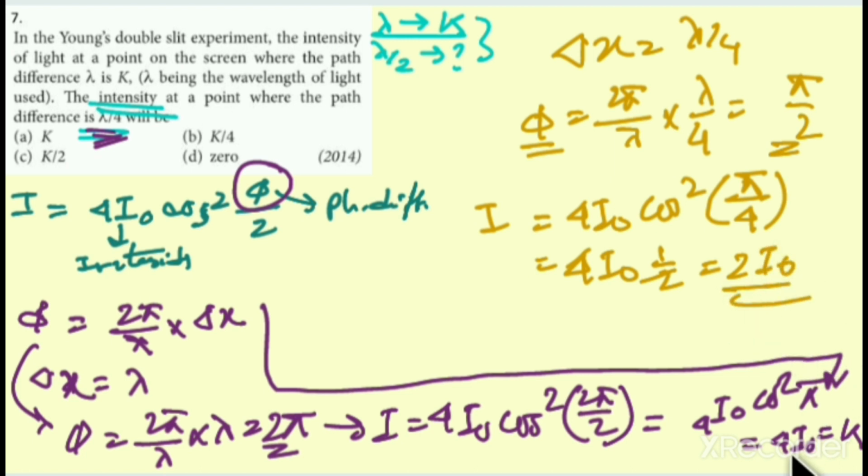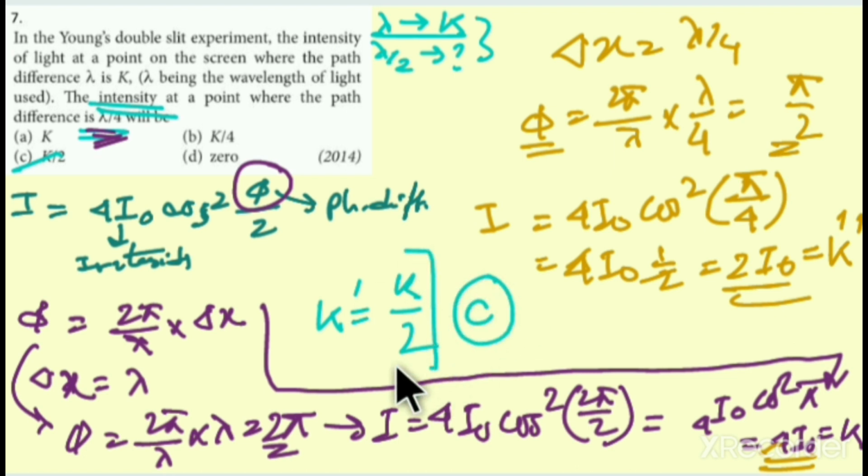Let us say this is K prime, and we can say that K prime is equal to K by 2. So option C will be our correct answer.